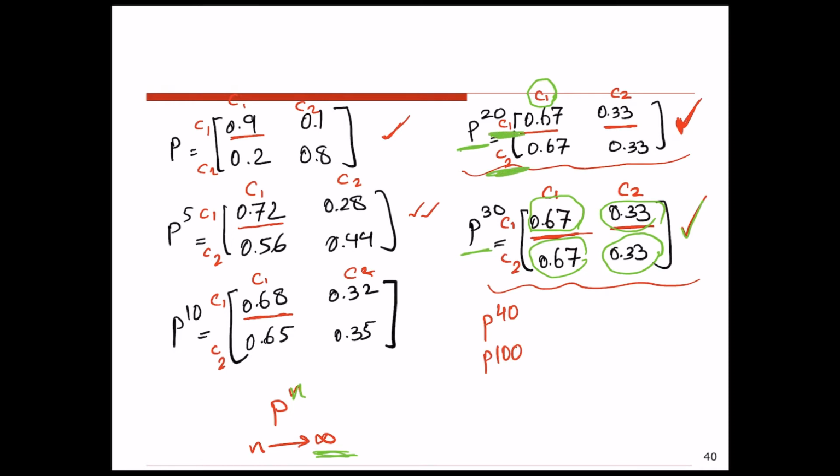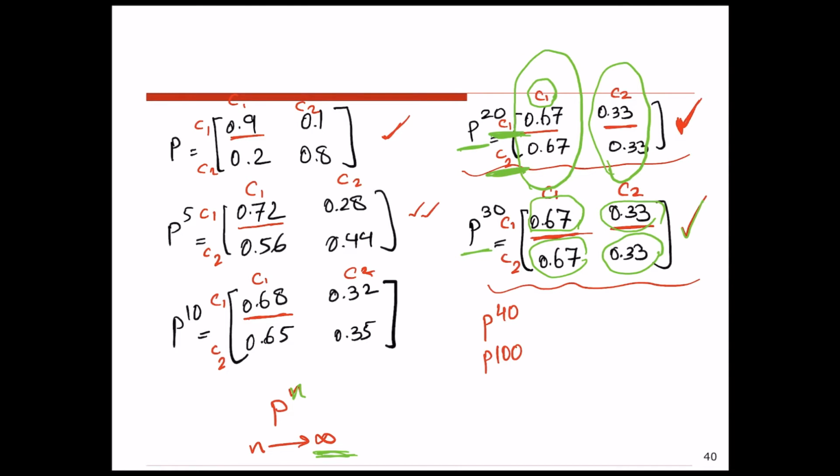No matter if you're a cola 1 drinker or a cola 2 drinker right now, there is a 67% chance that you are a cola 1 drinker 20 purchases from now, and a 33% chance that you are a cola 2 drinker 20 purchases from now.